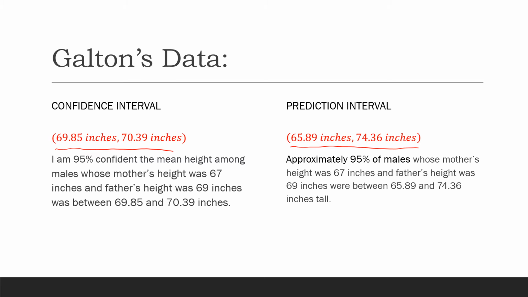For the prediction interval, approximately 95% of males whose mother's height was 67 inches and father's height was 69 inches were between 65.89 and 74.36 inches tall. So we have different intervals and different interpretations, and the prediction interval is clearly much wider.